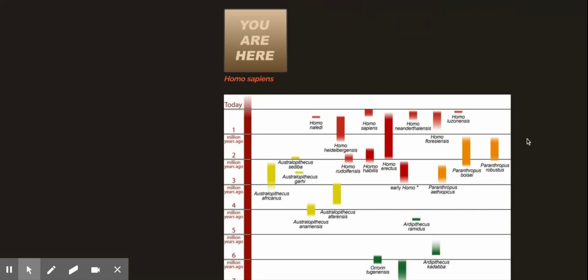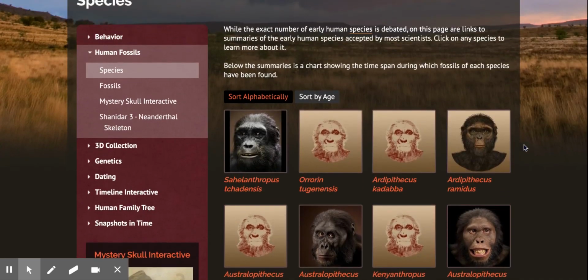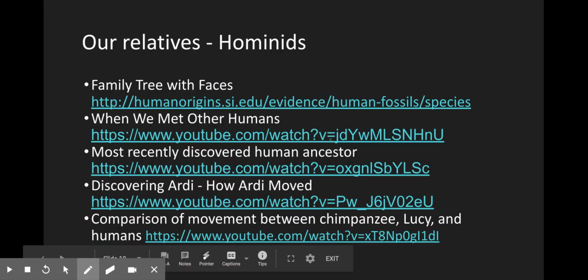Awesome chart here showing the timeline. Explore this website. It's fantastic. I love the Smithsonian and what they do. Really well done. So getting back to the slides here. Great videos, nothing too long, all on YouTube here, where we've got When We Met Other Humans.